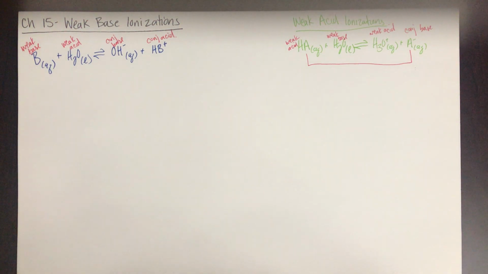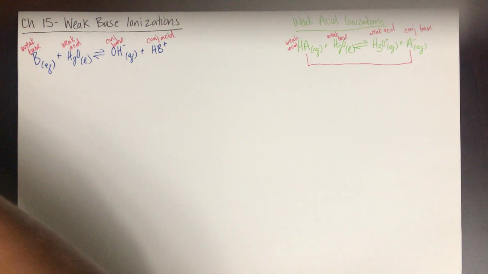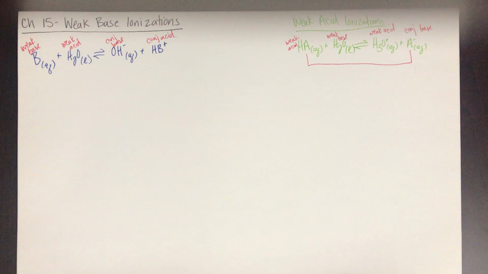Bases tend to be a little more confusing, or just less obvious with their structural formulas. So I would always tell you if something is a weak base. You are responsible for knowing the 6 strong acids and the strong bases that we've talked about. So anything that is not a strong base is a weak base.